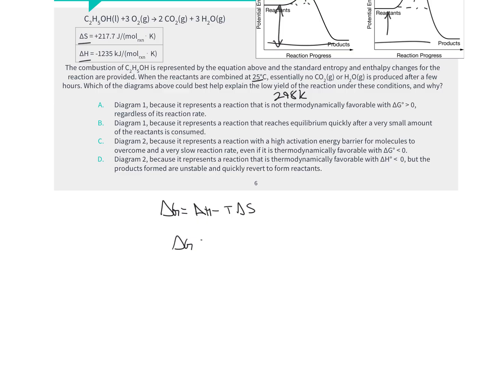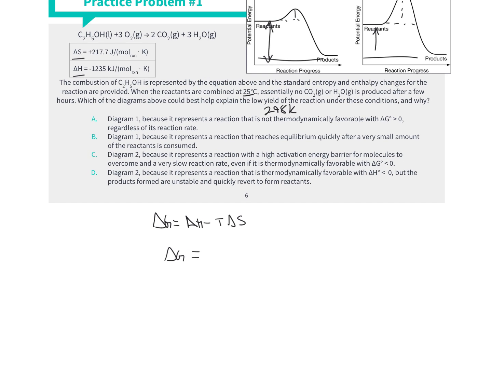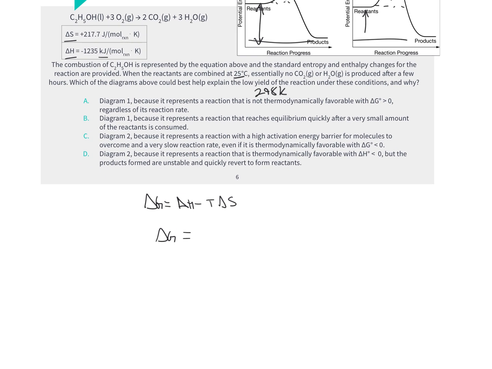Delta G is going to be equal to delta H. We have to be careful, this is in kilojoules, so we should multiply that by 1,000. It's going to be negative 1,235,000 joules per mole, minus 298 Kelvin times 217.7 joules per mole Kelvin.